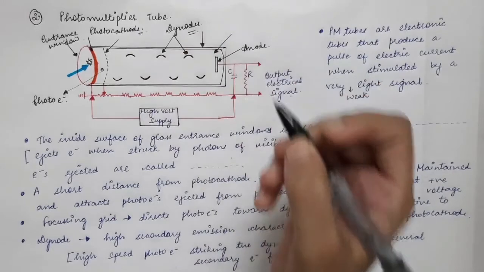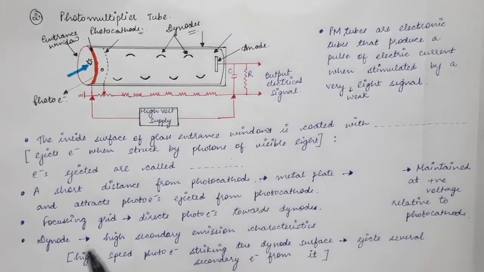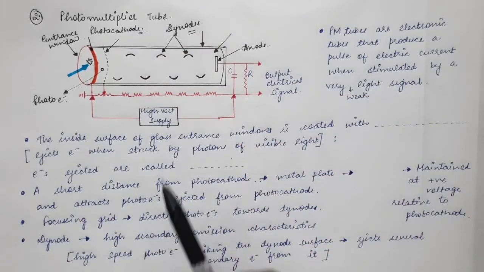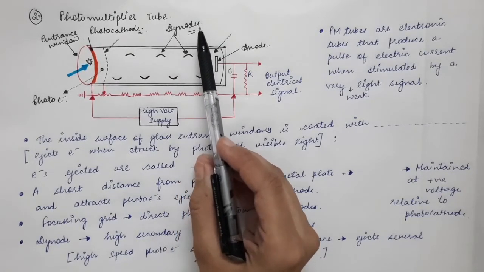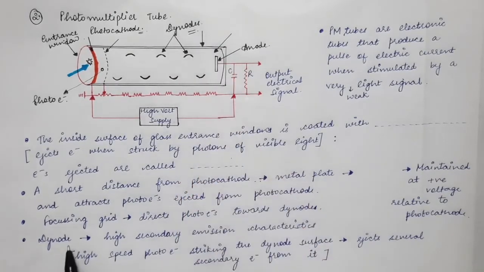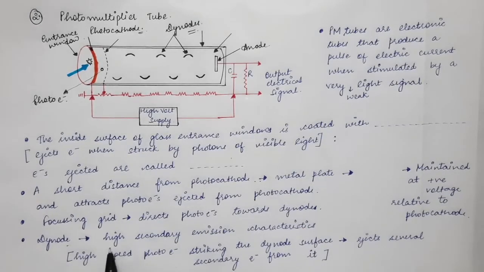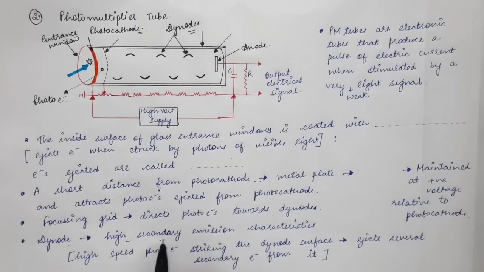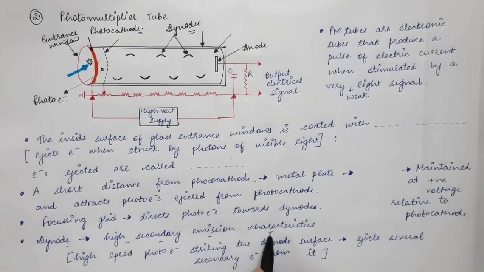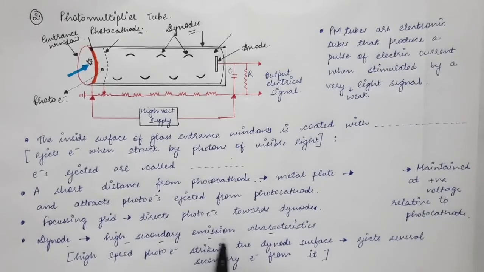These are made up of metal, and they are coated with a material which has high secondary emission characteristics. So what is high secondary emission characteristic?